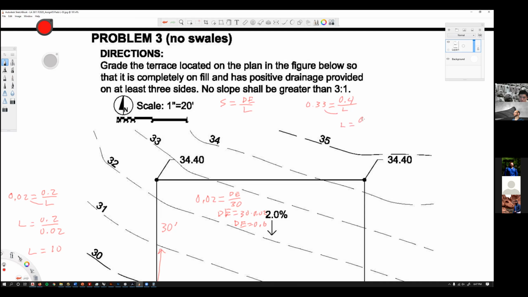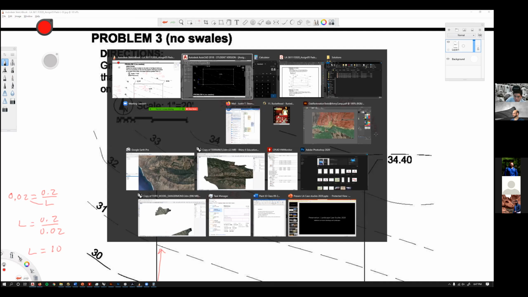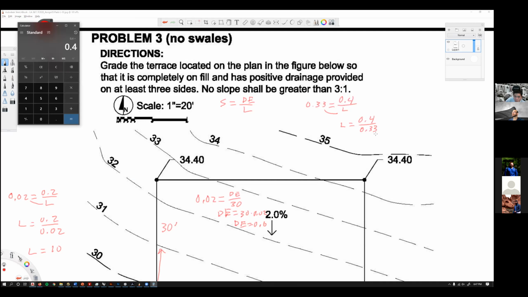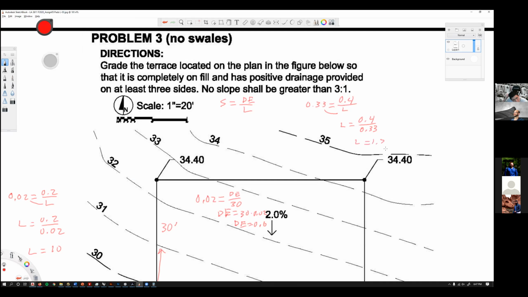L equals 0.4 divided by 0.33, which is 1.2. And so your first dot is going to be 1.2 feet away from the corner of your slab.